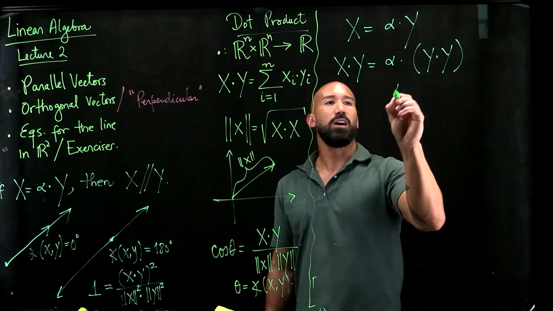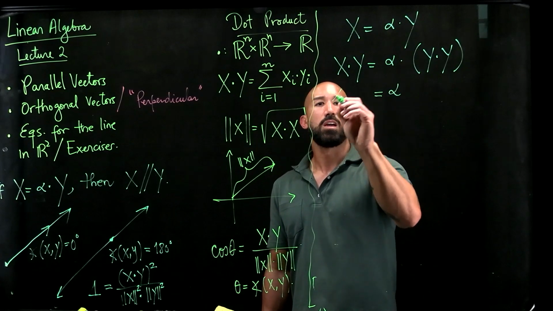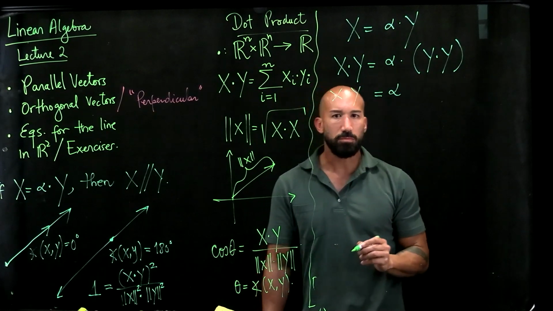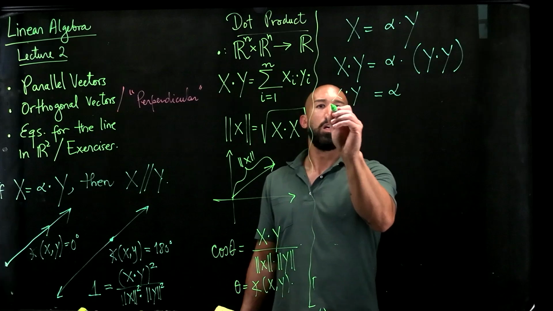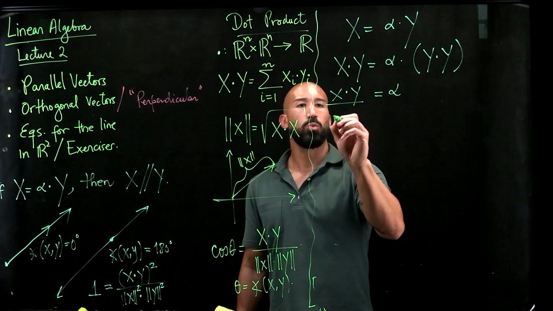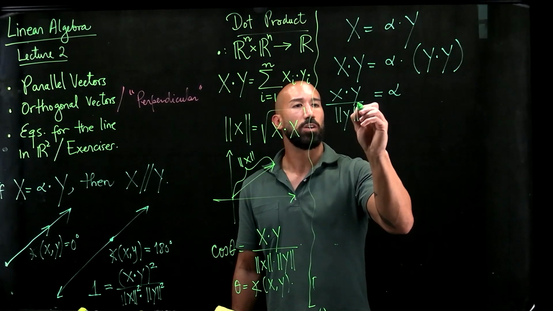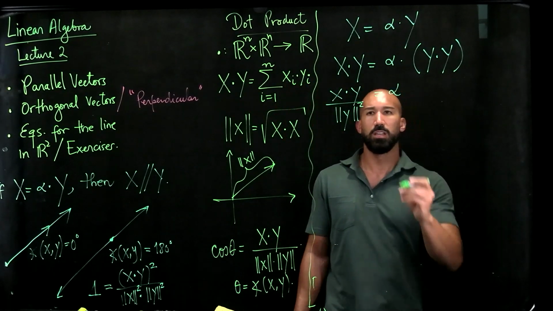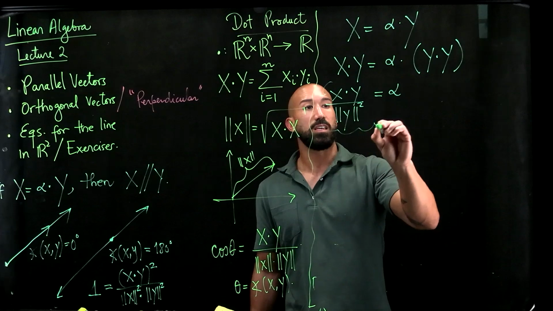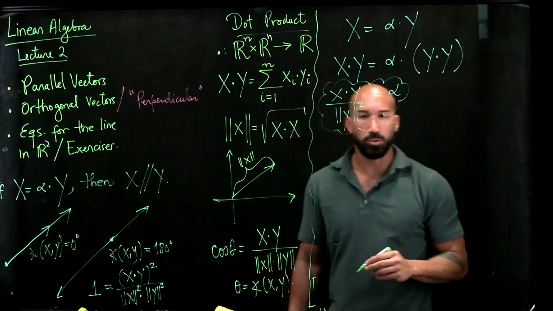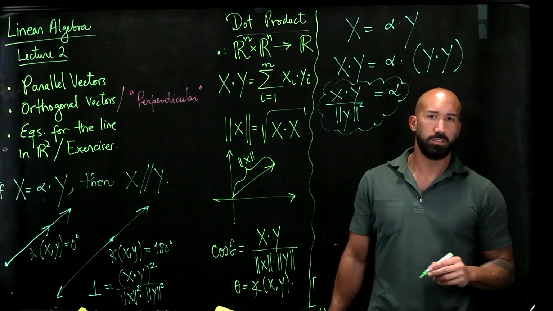So alpha is going to be x dot product y divided by the square of the magnitude of y. We don't know if alpha exists, but if it exists, it has to be this one.